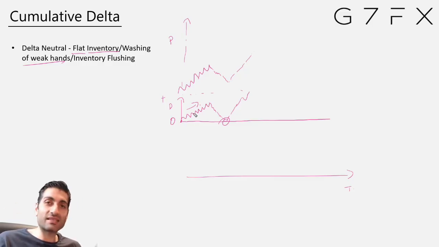It cleans out the inventory, it resets things, it gets rid of all the weak hands, and brings more buyers in. I see it time and time again. Obviously you see it on the depth of market, but here it's just amazing to see it relative to neutral inventory, zero inventory.